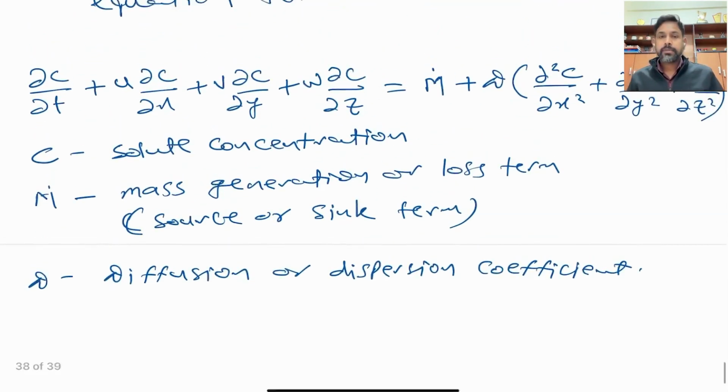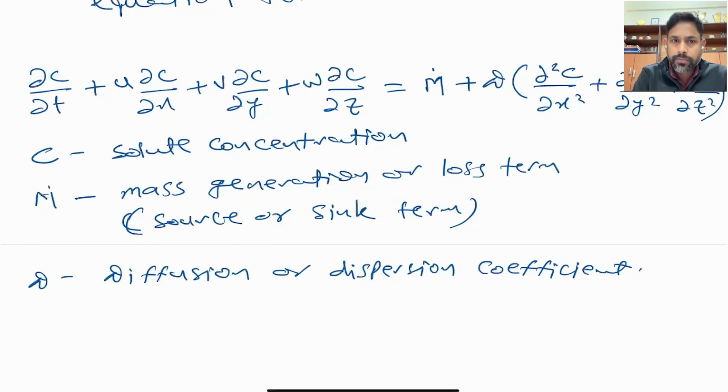Okay, and this is the same equation that we already did in the previous lecture for a simplified condition. There we assumed that C is not changing with time, and also there was no mass generation or loss term, and also we considered that velocity was just in one direction and diffusion was happening in another direction.